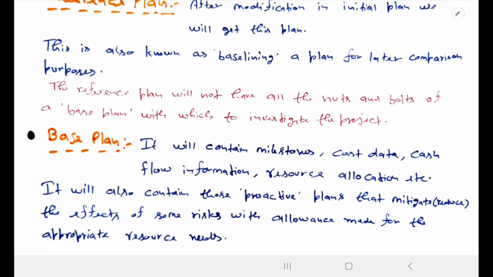It will also contain those proactive plans that mitigate or reduce the effects of some risks, with allowance made for the appropriate resource needs. As it has some concrete data, we can plan to minimize the risk.